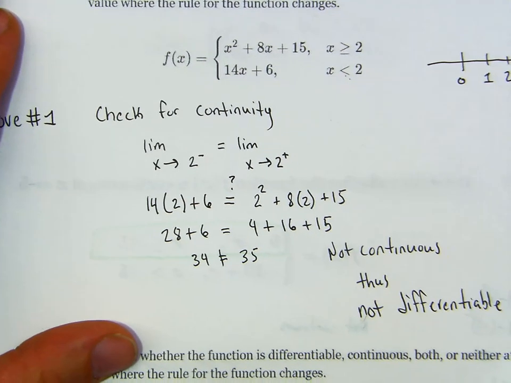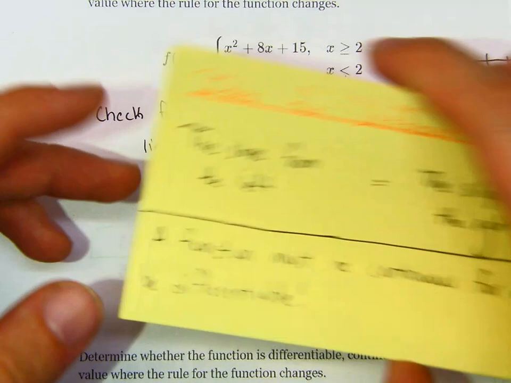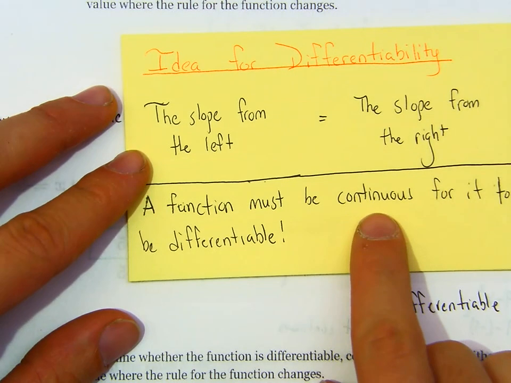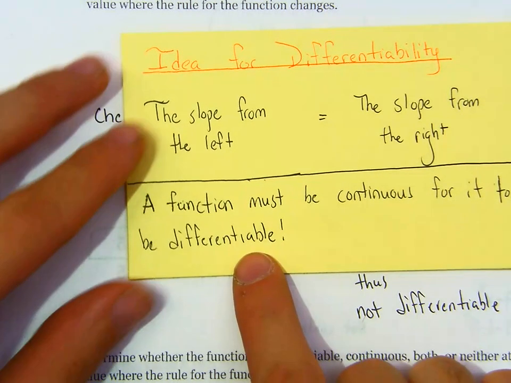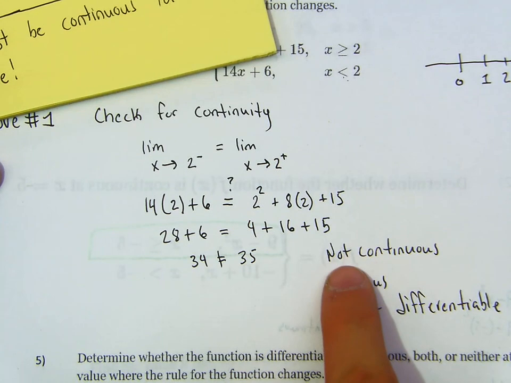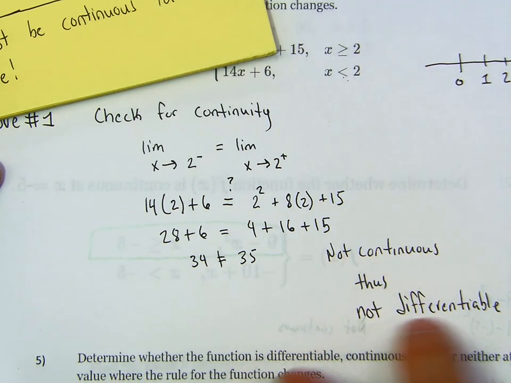And then we're done. A function must be continuous for it to be differentiable. So the second a function is not continuous, it's not differentiable. We don't need to check for differentiability because we know it's not continuous.